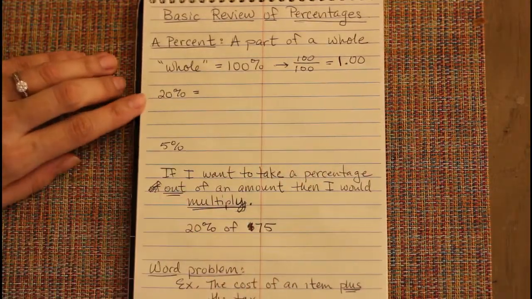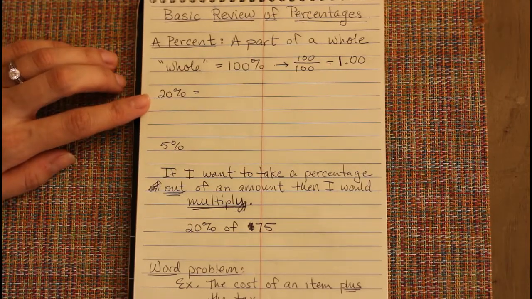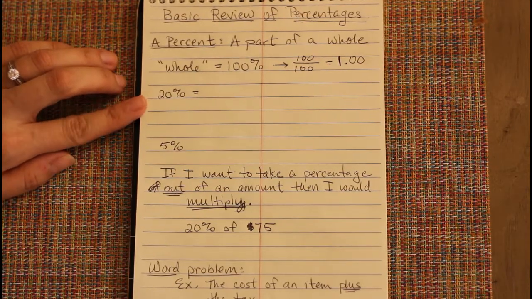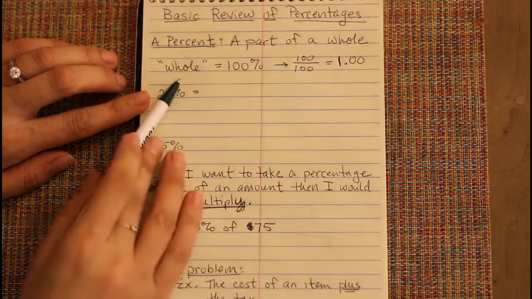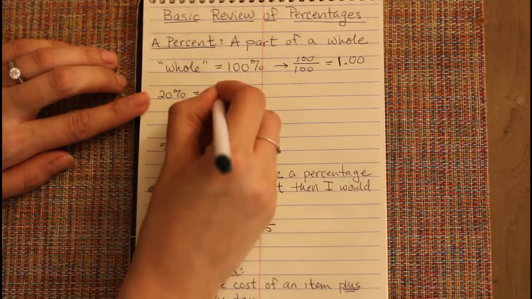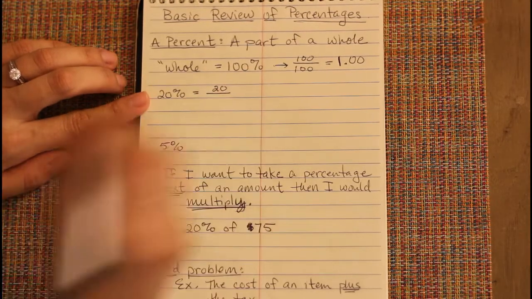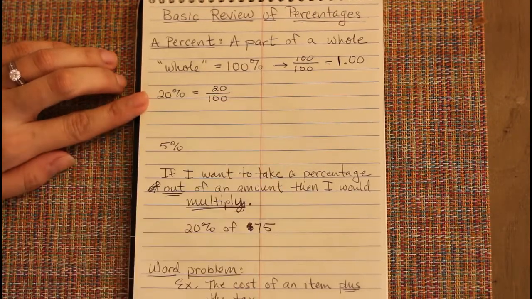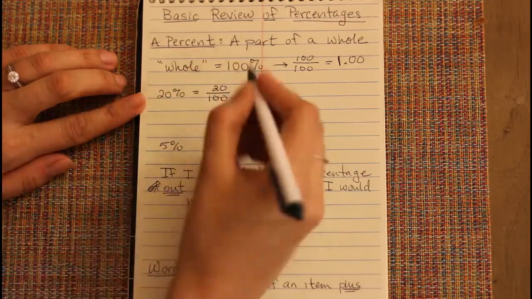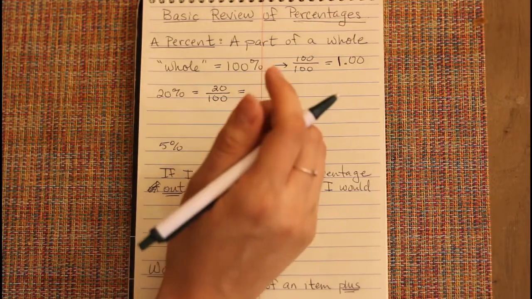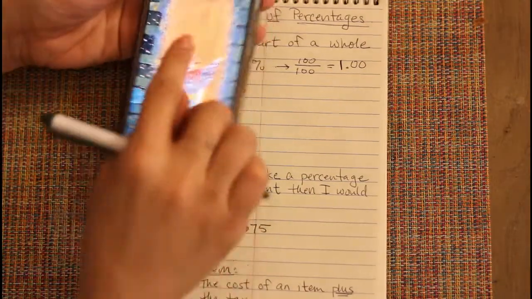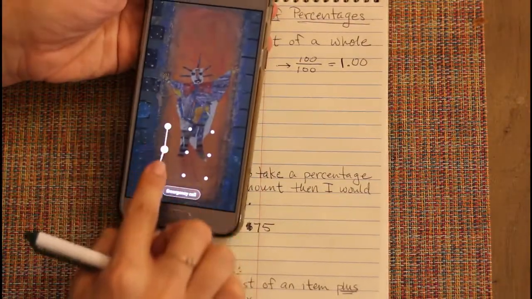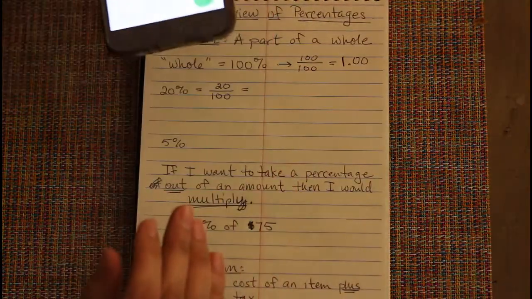So what happens when we talk about taking 20% of something? Well, 20% of a whole is 20 parts out of 100, right? And what does that become? So when we put that in our calculator, I have here my phone, and oops, now you all know my password.